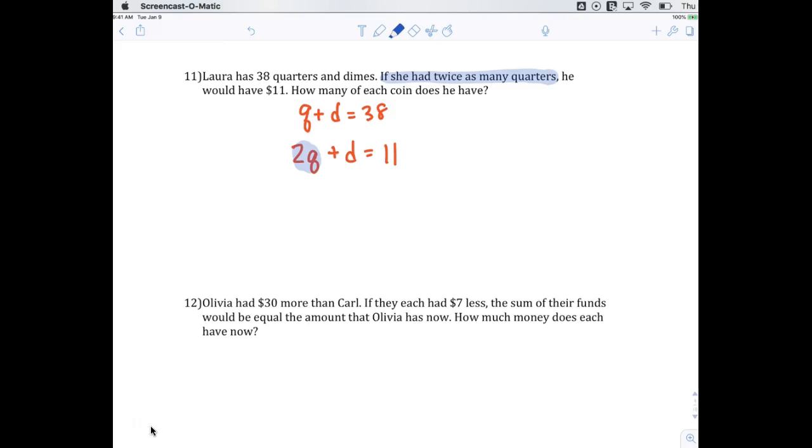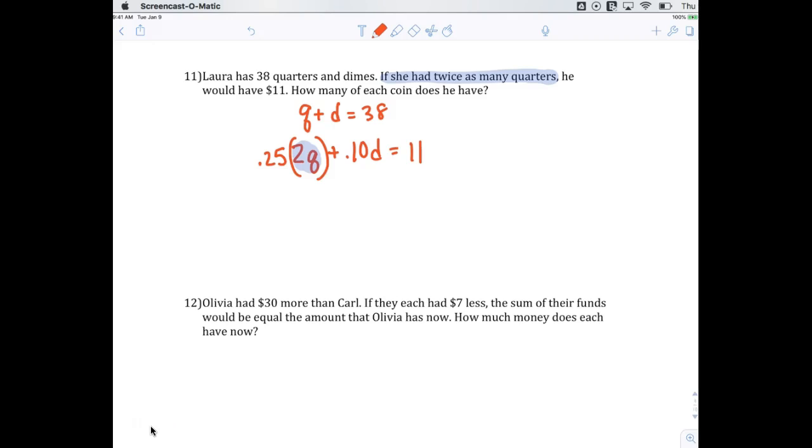This equation is almost correct, except for the fact that we're talking about dollars. This is coins. So I'd have to multiply this by what? 0.25. And I would have to multiply the D by what? 0.10. Okay, I get it.